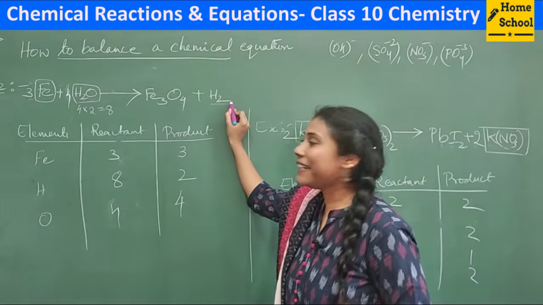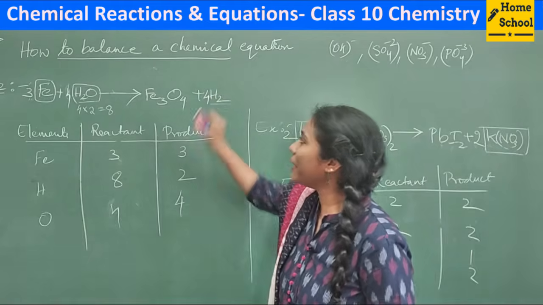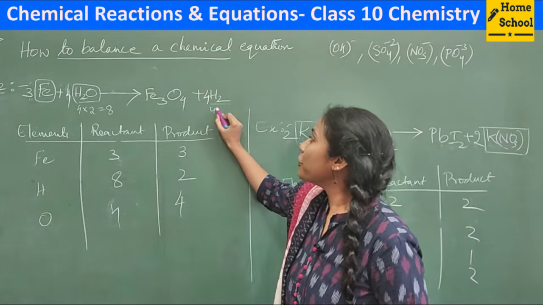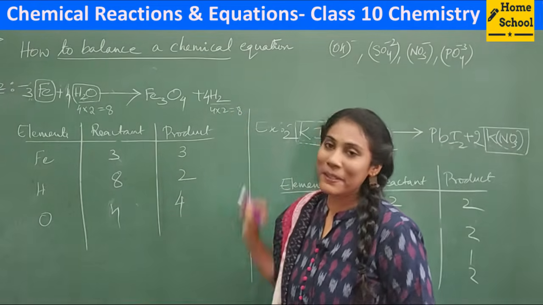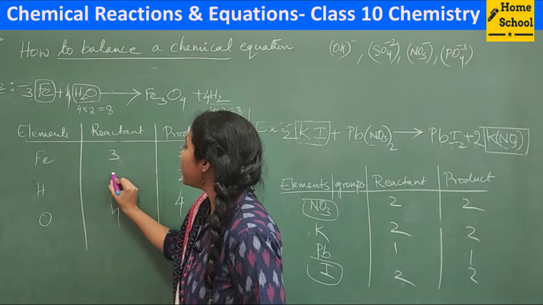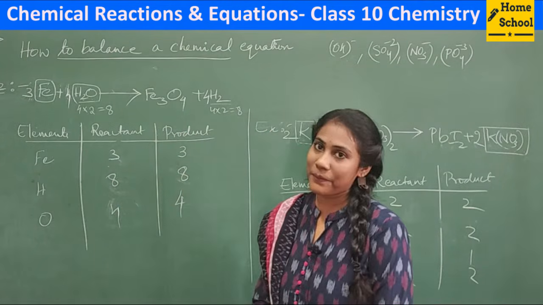So how do you make it 8? Already 2 are there. How do you make it 8? By putting 4 here. So if you put 4 here, 4 into 2, 8 hydrogen atoms it becomes. Okay. So now what happens? 4 into 2, 8 are there in the product side also. Now you have got 8. Okay.